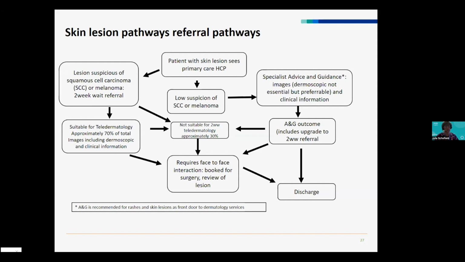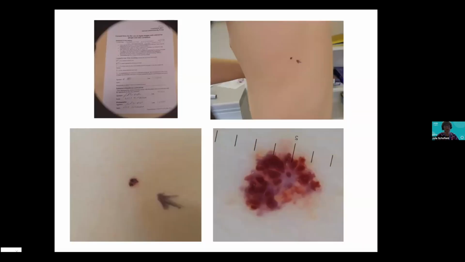If we don't think it's fine, we can book direct to surgery, or we can upgrade to an urgent suspected skin cancer clinic. So images are very important to accompany those advice and guidance referrals. The urgent skin cancer pathway, or the 2-week wait pathway, we're using teledermatology for that as well, although in most systems at present, it is actually a face-to-face interaction.